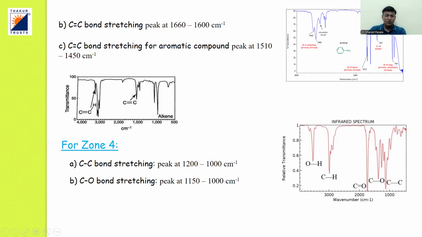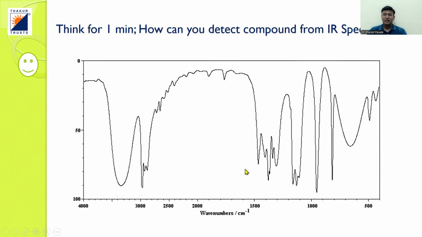And then the stretching frequency less than 1500, especially for ether, carbon single bond oxygen, you will find around 1100. Okay, so these are the characteristic peaks.